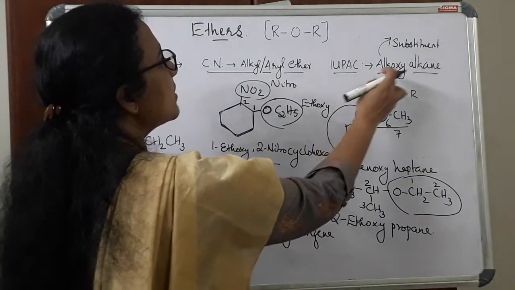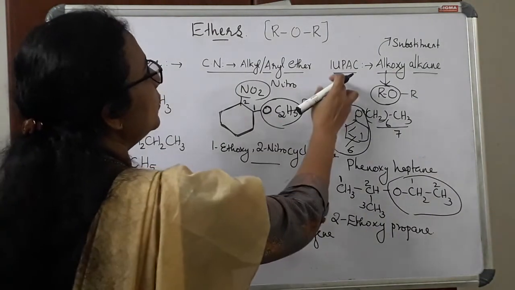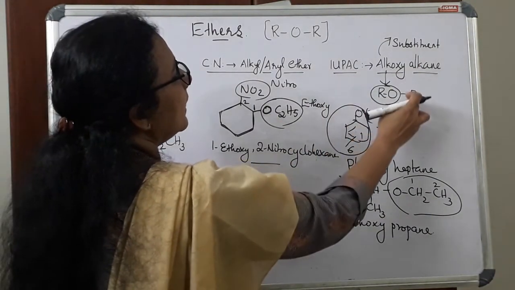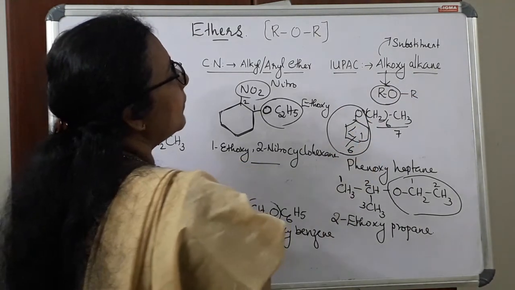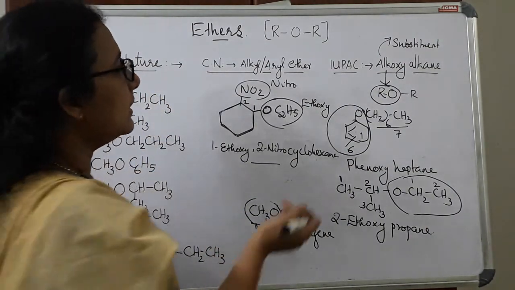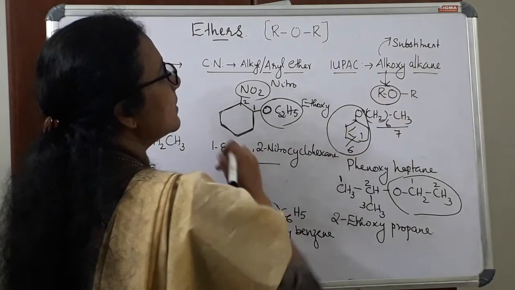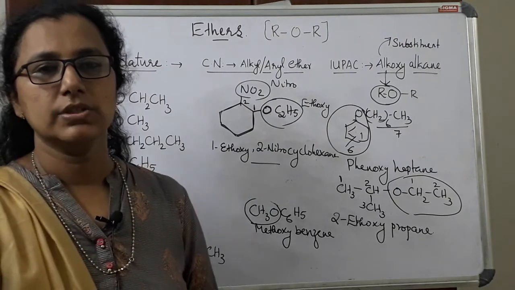So alkoxy alkane is the general format for the IUPAC name of ethers, and we decide the alkane part and alkoxy part by considering the number of carbon atoms in the alkyl group. If more carbon atoms are there in the alkyl group, that is considered as the alkane part, and the other part is considered as the alkoxy part. So this is about the nomenclature of ethers.